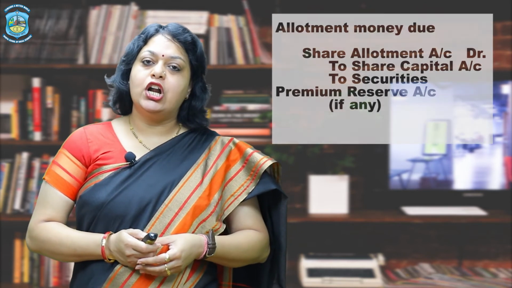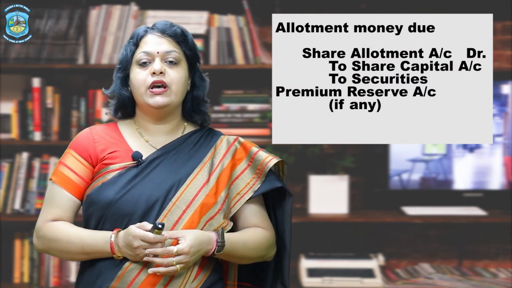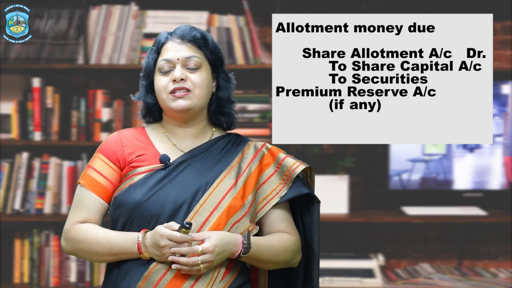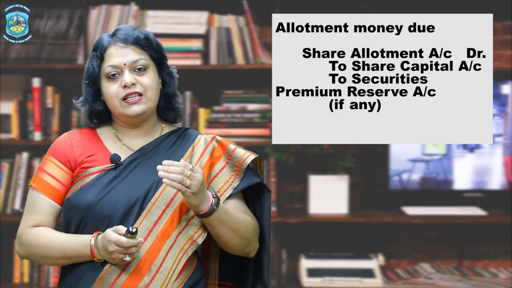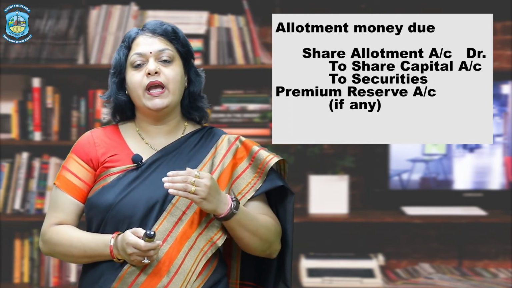Suppose we have some premium amount. In that situation we have the due entry: share allotment account debit to share capital account and securities premium reserve account. Now, why do we say securities premium reserve? Because this is the entry where we pass the amount of securities premium reserve.